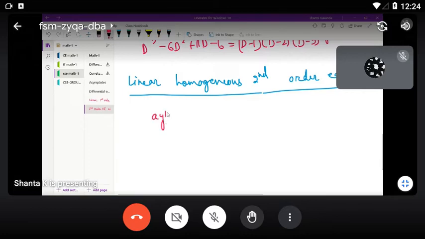So this will be of this form. And here we will say A, B, C are constants. So here we have a function of d.